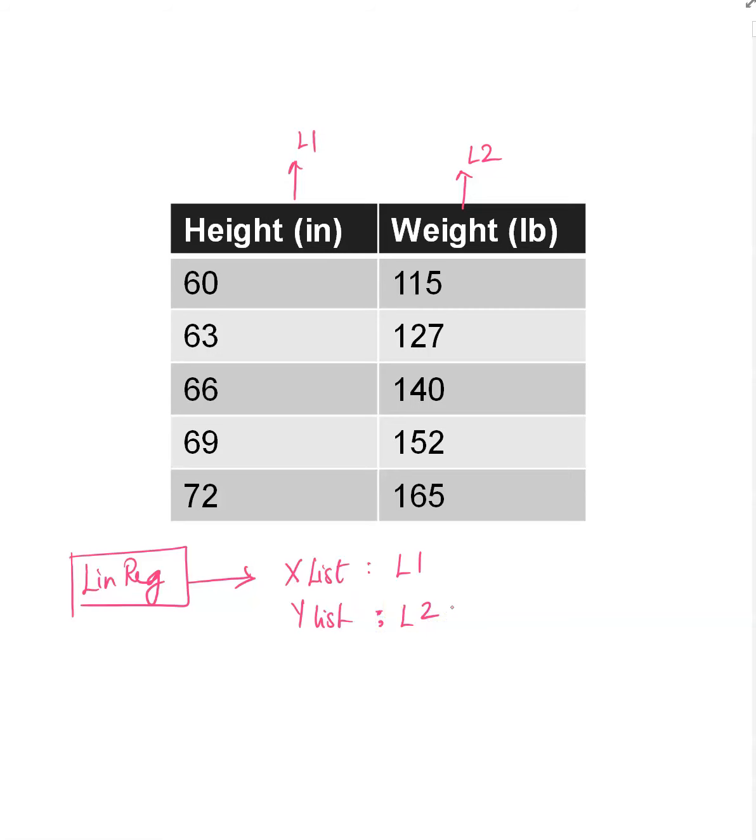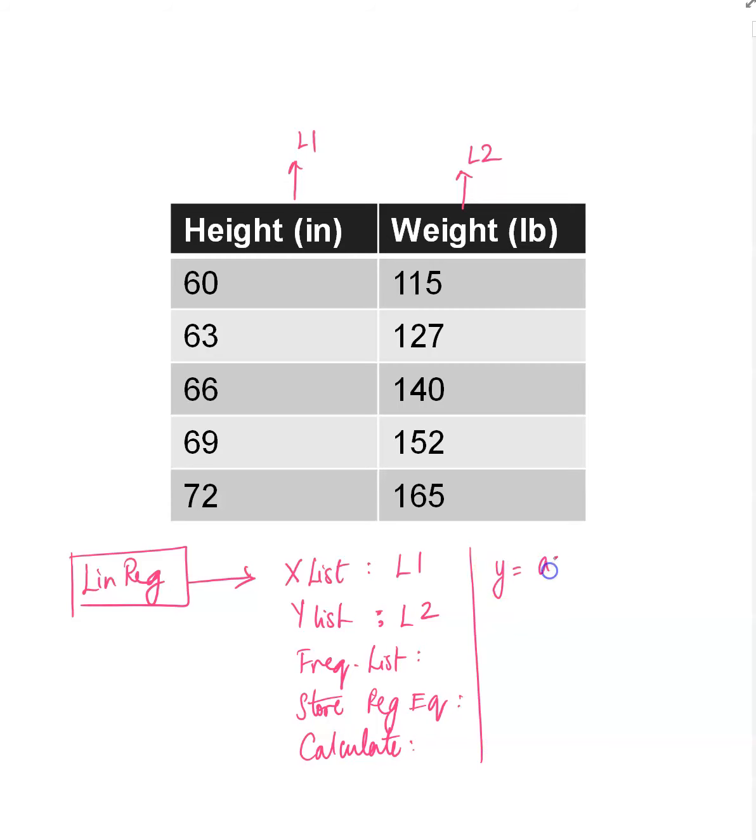It says frequency list, skip that. Store reg equation, skip that, and hit calculate. Okay. So I'll just write that too here. Hit calculate, and you get a list of details.